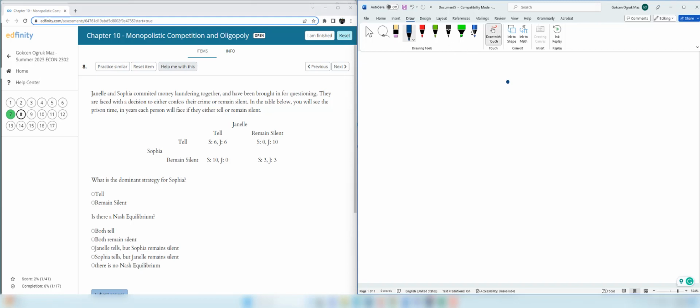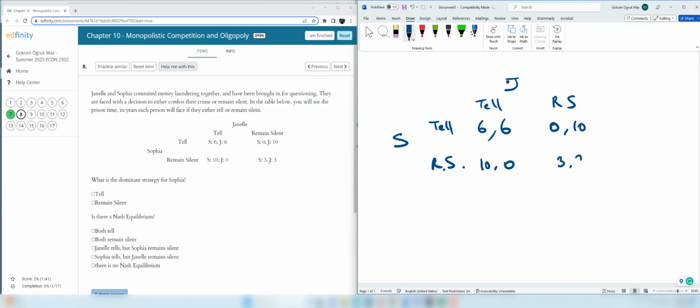So here we have Janelle, and here we have Sophia, and we have two options, tell and remain silent. If both tell, then both get 6 and 6, and if Sophia tells but Janelle remains silent, then 0, 10. This is an example of the prisoner's dilemma, and here is 10, 0, and here is 3, 3.